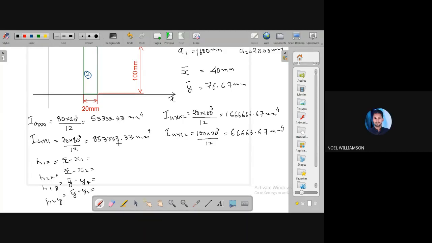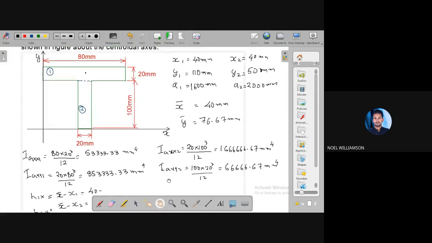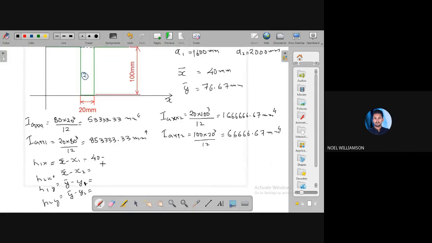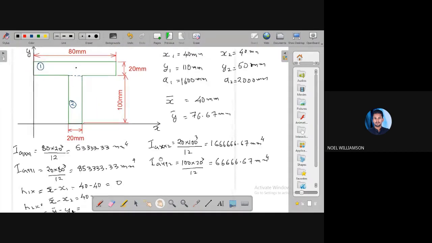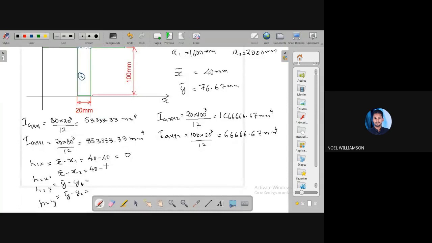Okay, fine. So we get values like this. Then x bar is 40, minus x1, which is also 40, that is equal to 0. X bar minus x2, that is 40 minus x2, is also 40, so that is 0.